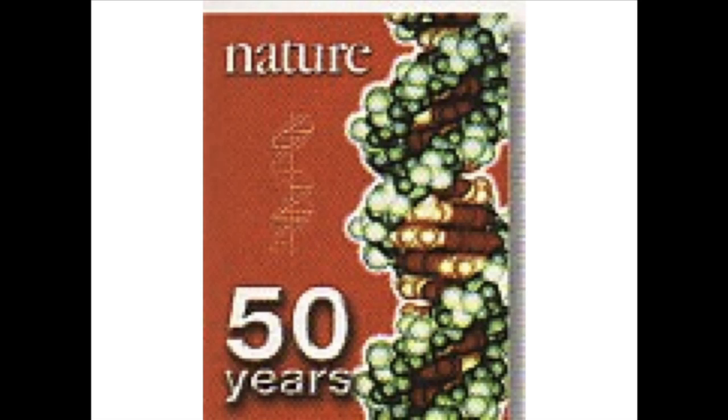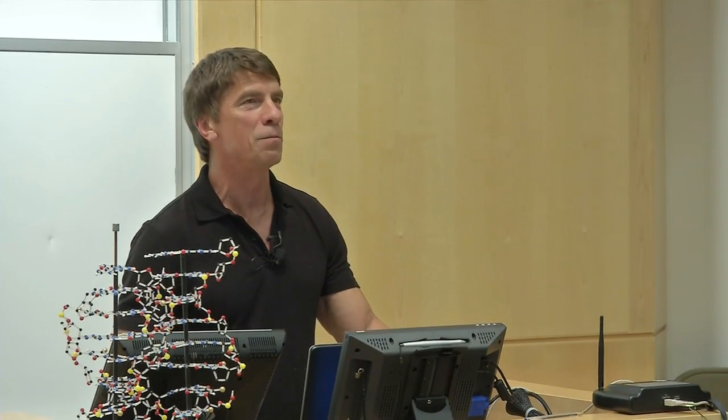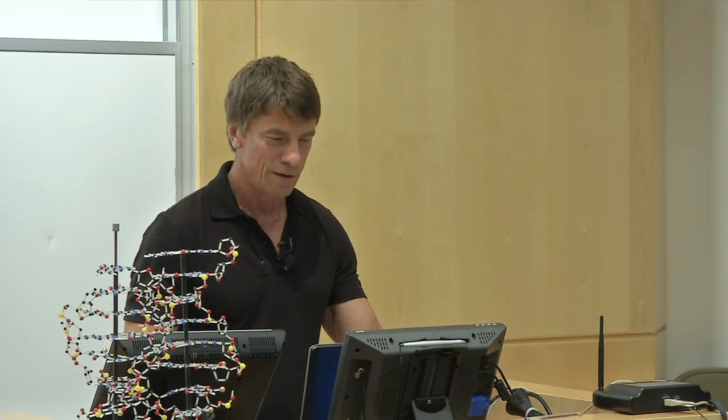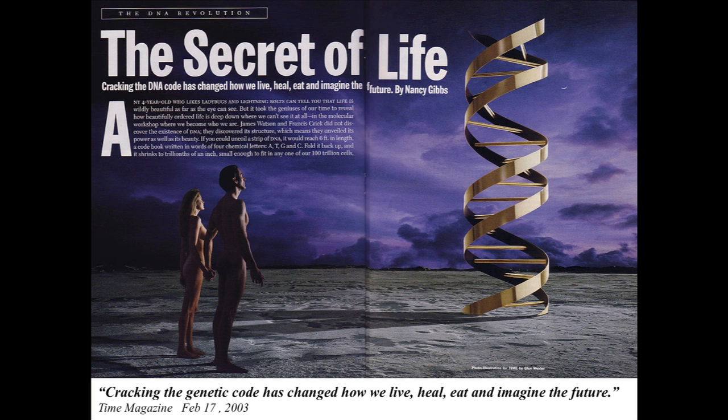The structure of DNA was first presented by Watson and Crick in April of 1953, commemorated in this issue of Nature. It was published in Nature now more than 50 years ago.